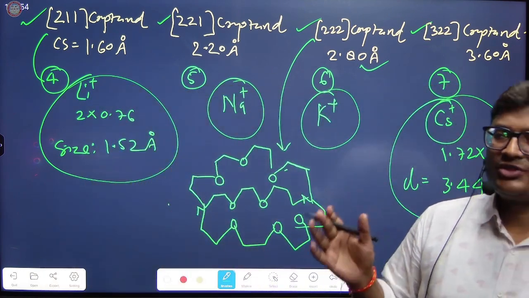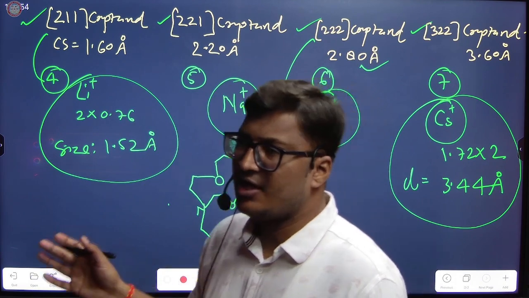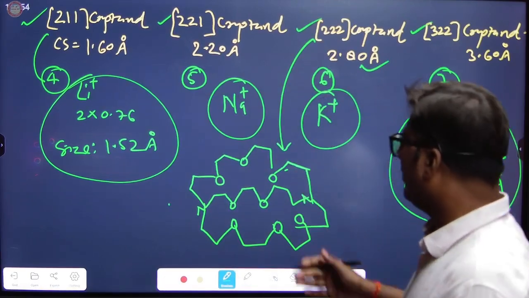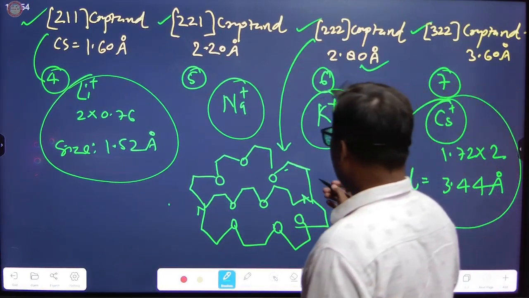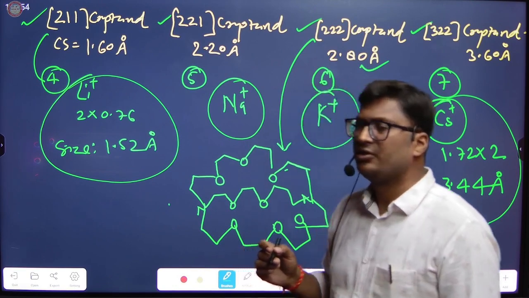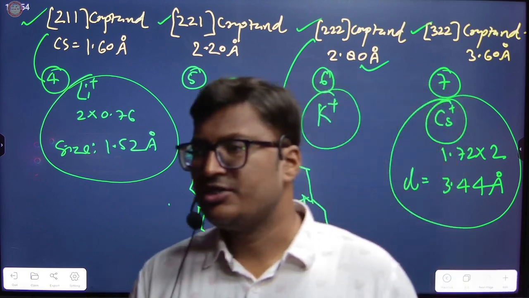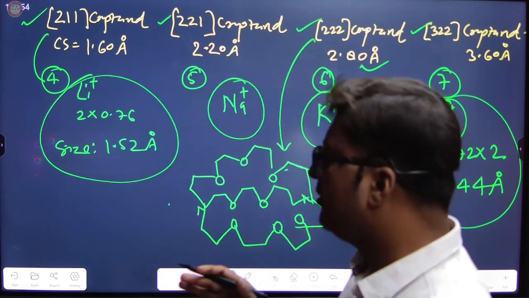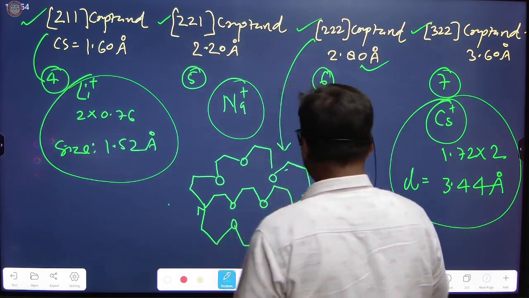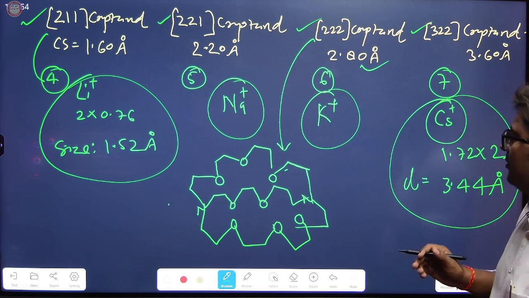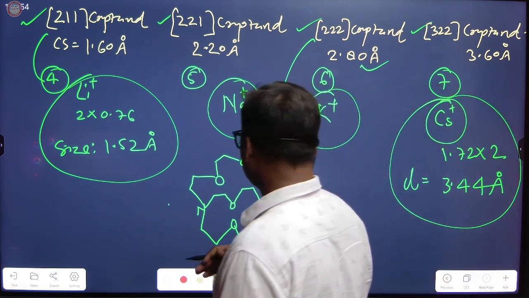Suppose we have a solution having different metal cations. So if you add the chosen cryptand structure to the solution, it can capture only those metal cations whose diameter matches its cavity size. So this is the beauty of complexation in coordination chemistry.